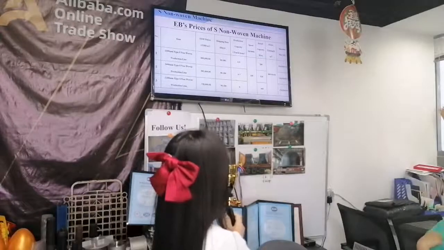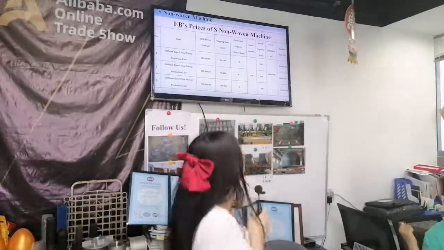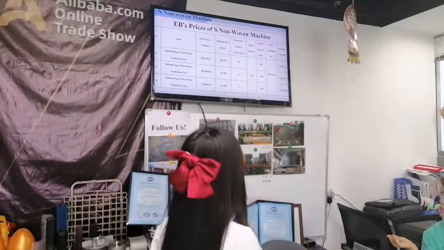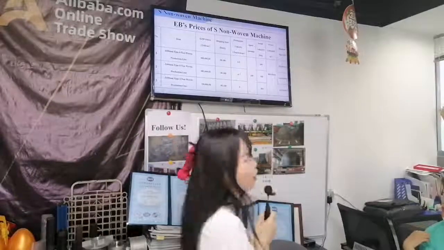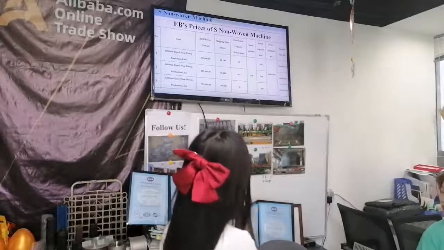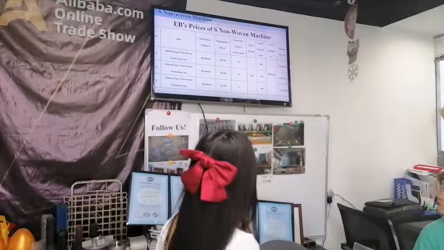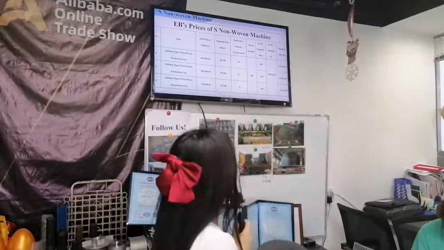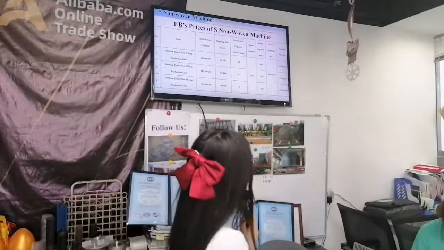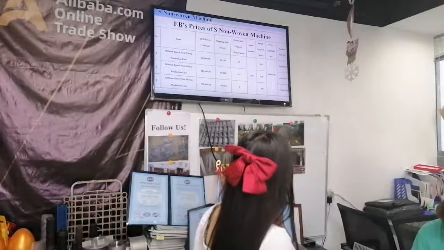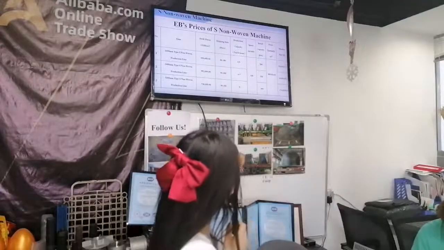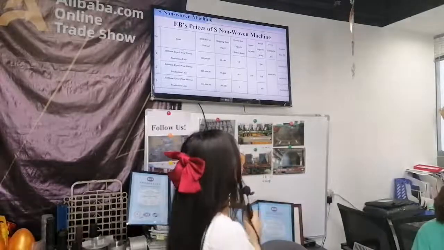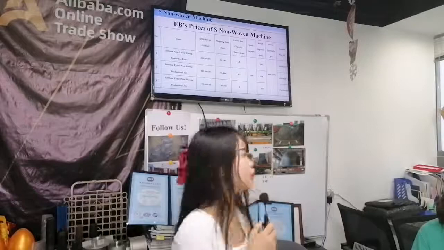Production capacity is 4 to 5 tons per hour. Install capacity is 280. Power is 800 per hour. Machine size is 10 and 20 and 10.5.